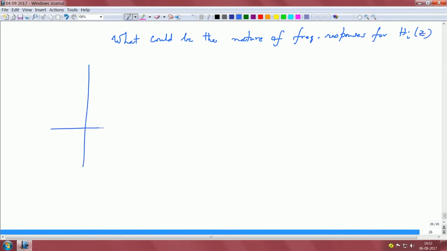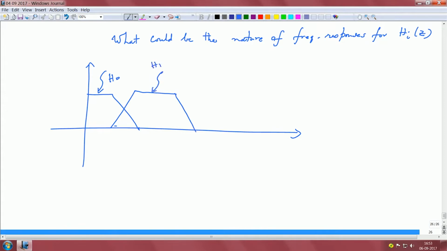This is a question that you would probably ask yourself. So, H naught could basically be the low pass version, H1 could be some band pass version, H2 can be probably a next version of this filter, basically with some frequency translation.